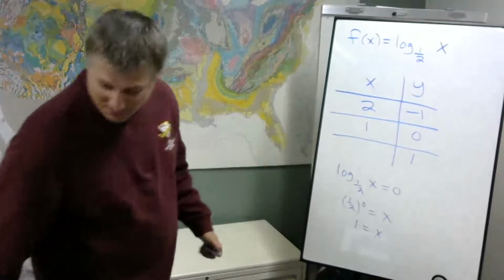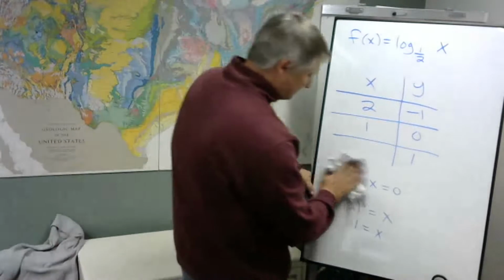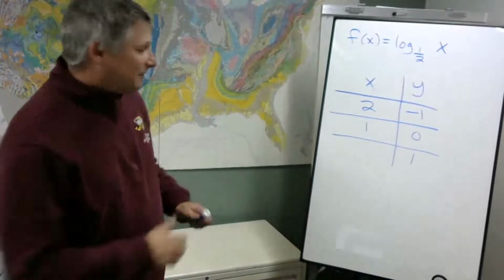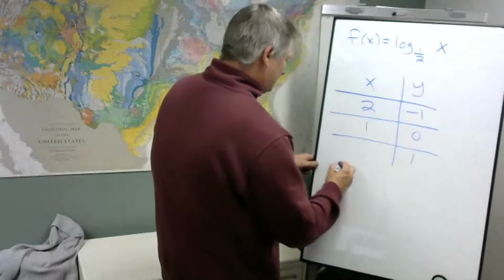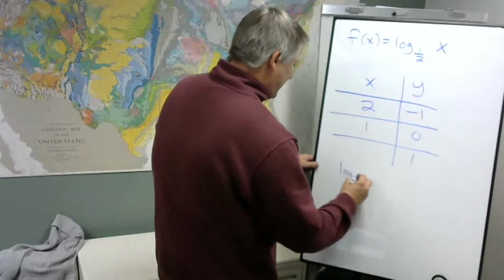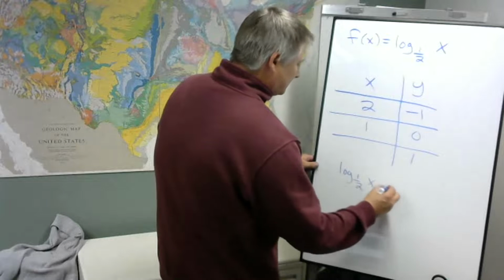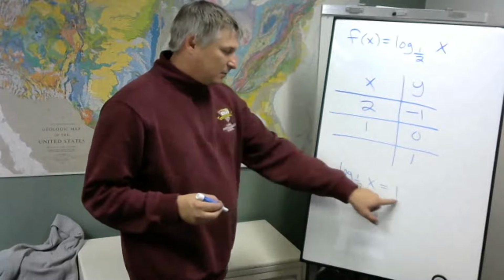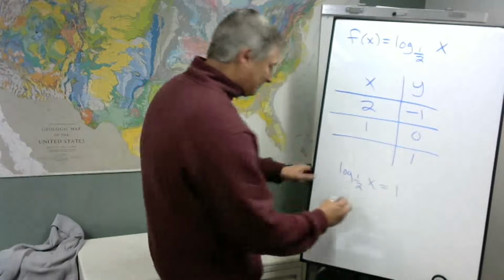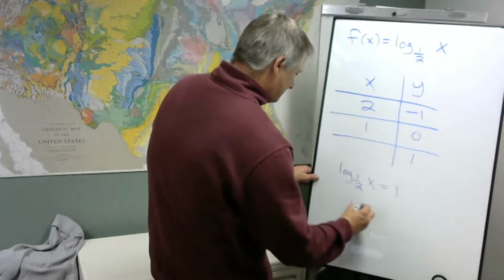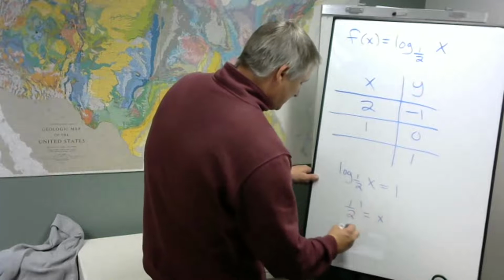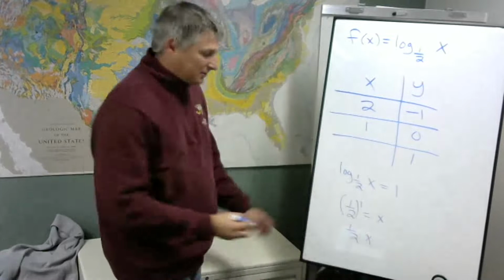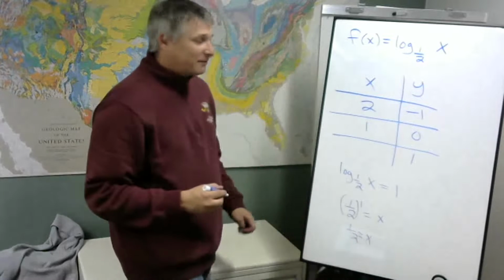There you go. Finally, log base 1/2 of x gives you 1. Well, again, that means 1/2 to the 1 gives you x. And that just means x is just 1/2.